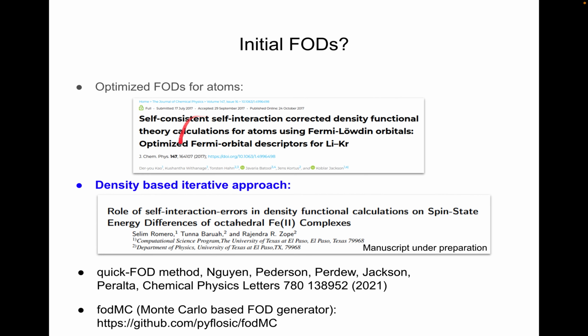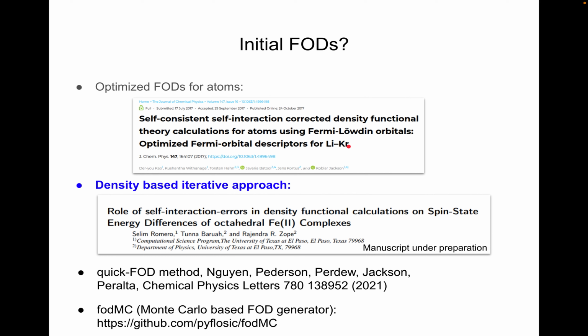They performed the FLOSIC calculation for the atoms ranging from the lithium atom to krypton atoms, and there in the supplementary material you can find the optimized FODs for those various atoms, and that gives you some idea about the FODs in atoms.